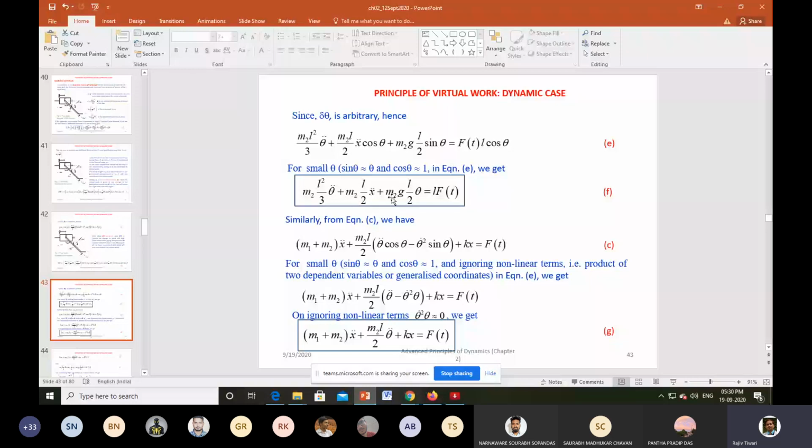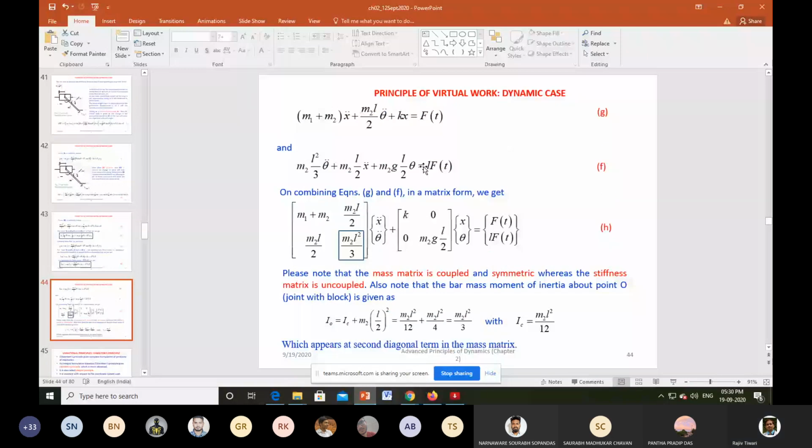Now these two equations are coupled, because x and theta are appearing in the first equation. Similarly, theta and x are appearing in the second equation. That means we need to solve these two equations simultaneously. We cannot solve the first equation separately and the second equation separately. They are ordinary differential equations. These two equations can be put in a matrix form like this.